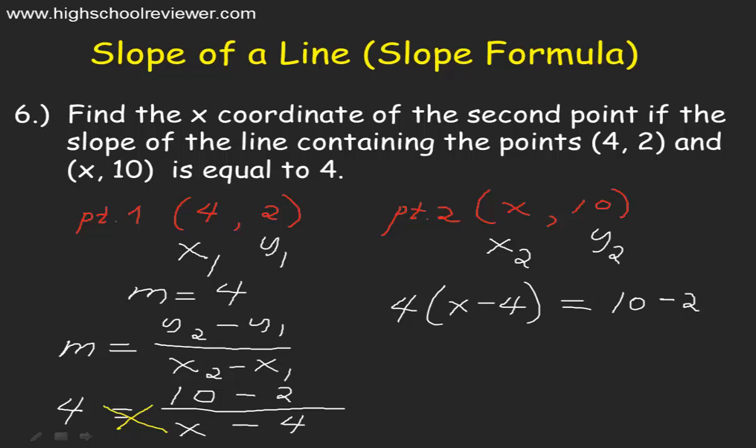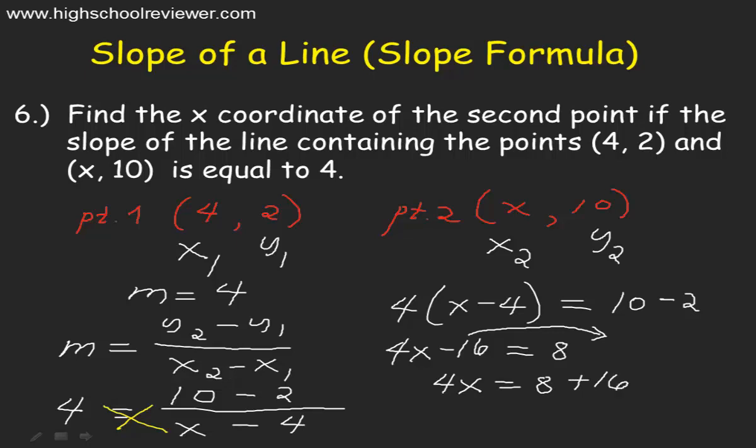So this will be 4x minus 16 equals 10 minus 2, that is positive 8. So transpose negative 16 to the other side. So what will be left here is 4x equals 8 plus 16.